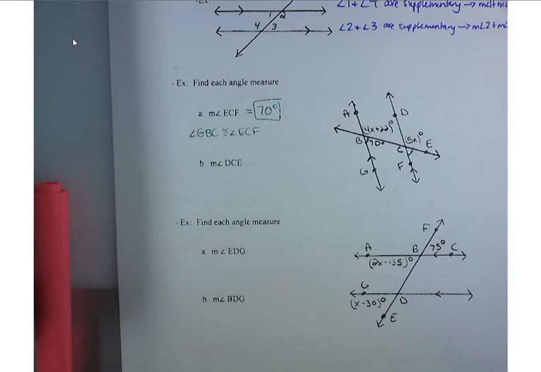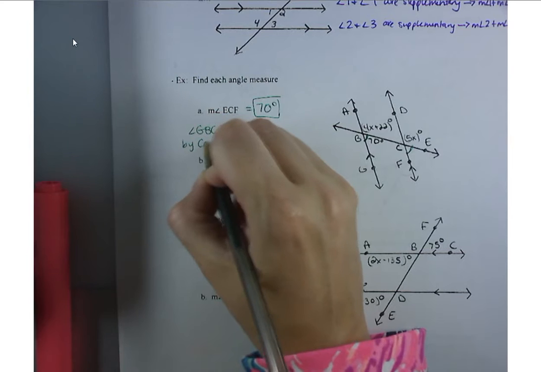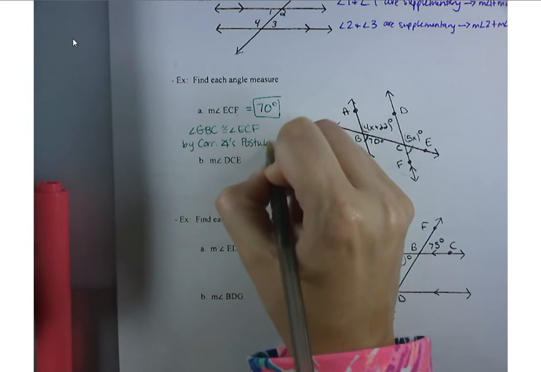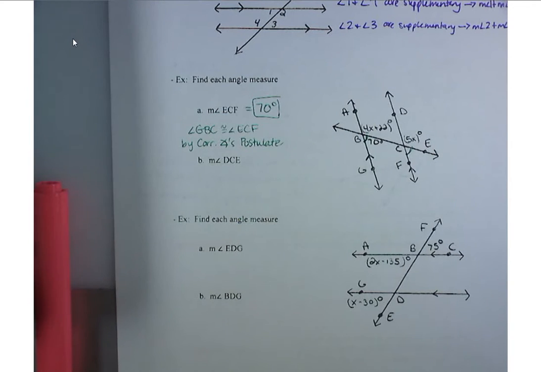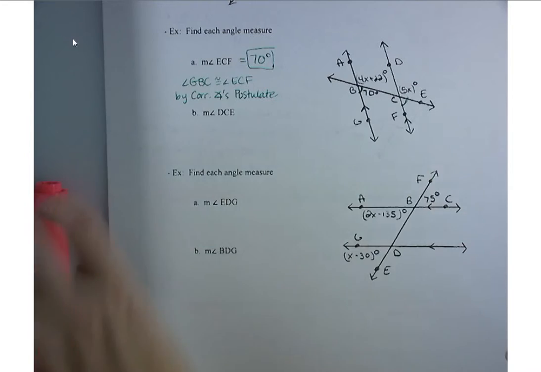Corresponding. Okay, yep, so they're corresponding. So these are congruent by the corresponding angles postulate. Okay, and I am going to add a part C in there too, okay?